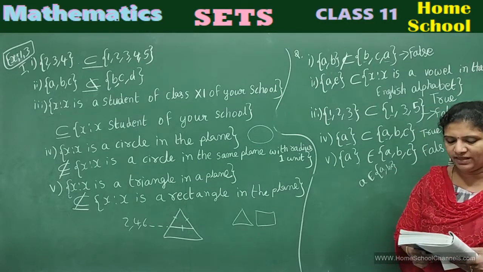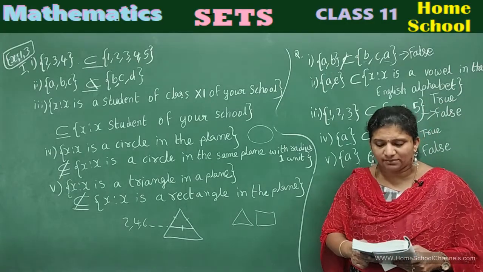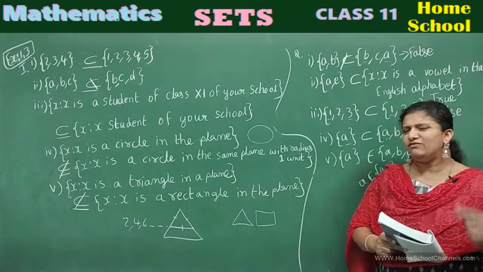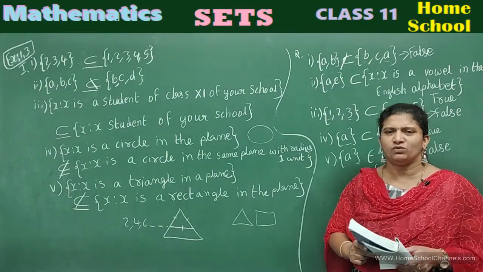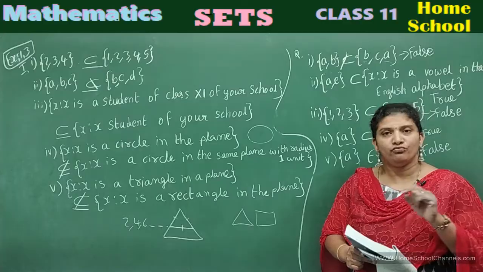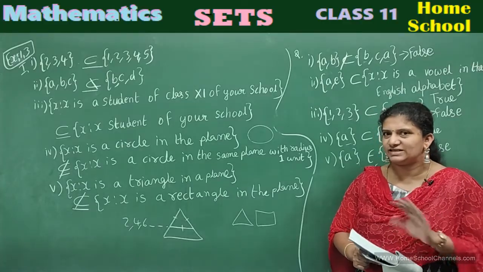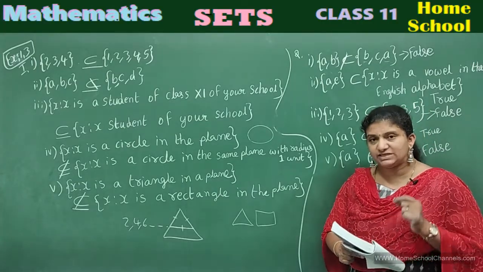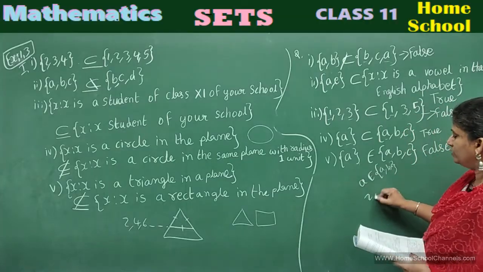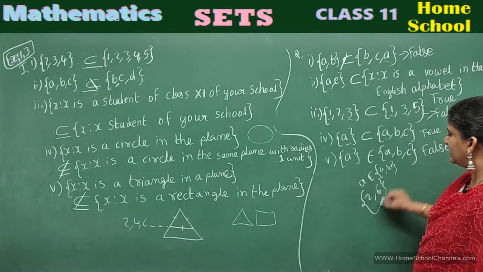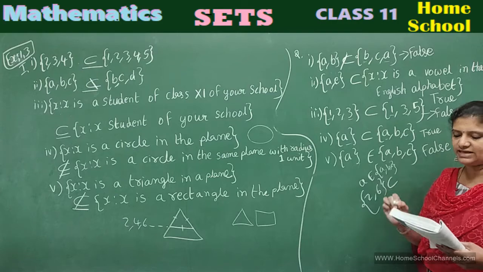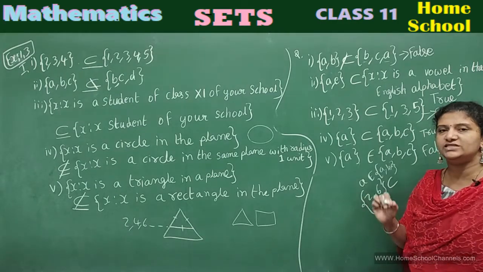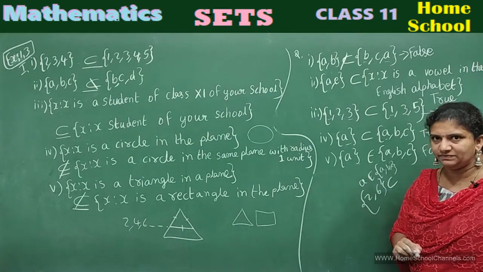And the last problem: x such that x is an even natural number less than 6. What are those? 2, 4. Less than 6, so 6 won't be there. This is a subset of the set of x such that x is a natural number which divides 36.